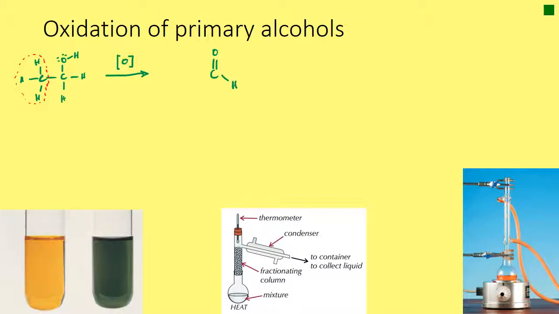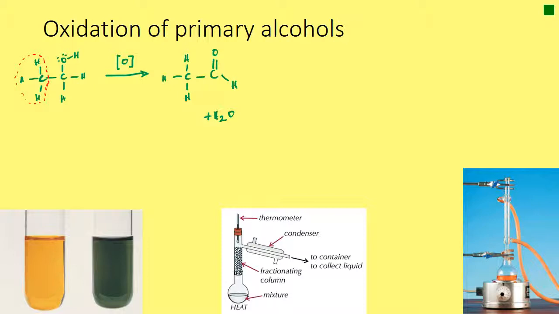So we're going to have hydrogen, and also the little methyl group is still there. Okay, so that is what happens when we oxidize it in the first stage. We're also going to have a water molecule that's going to drop out to balance the equation.